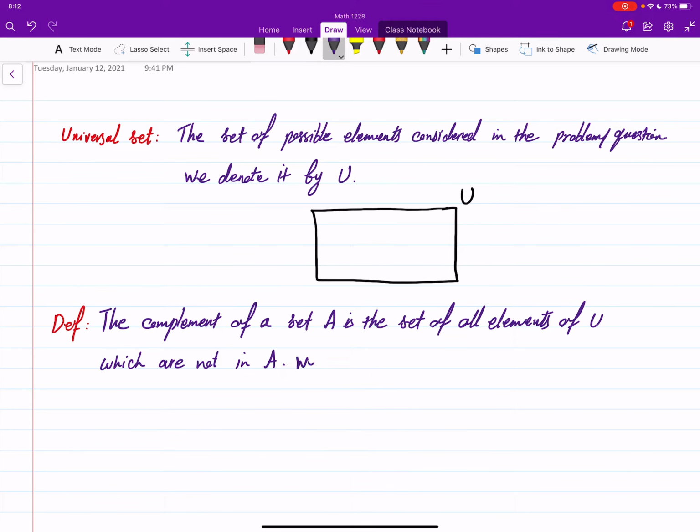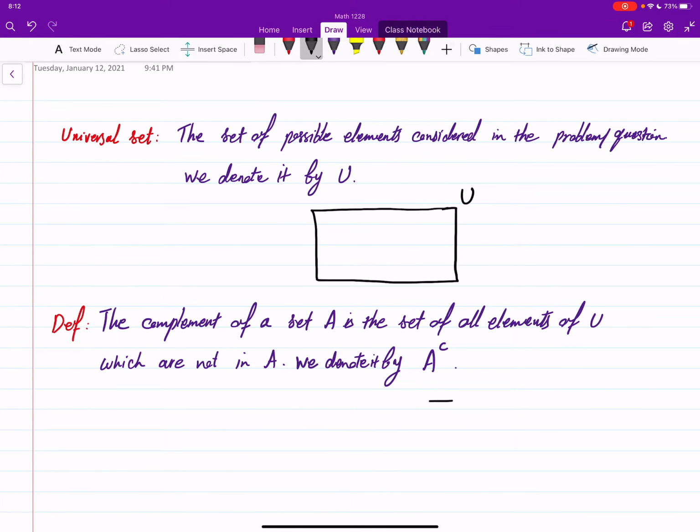And what is the notation for that? We denote the complement of A by A superscript C. Just read it A complement, okay?